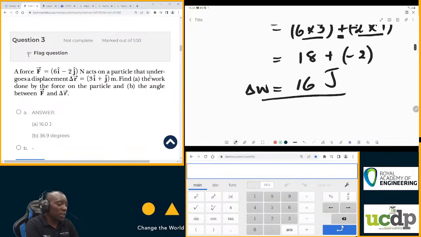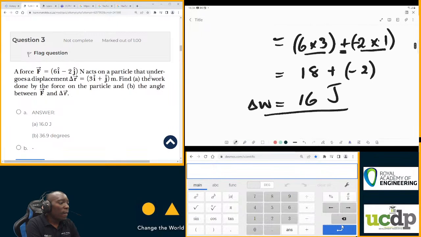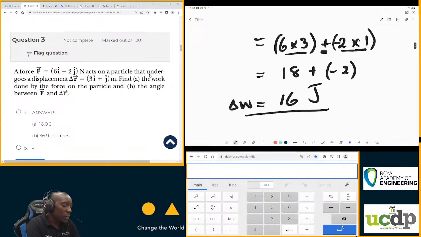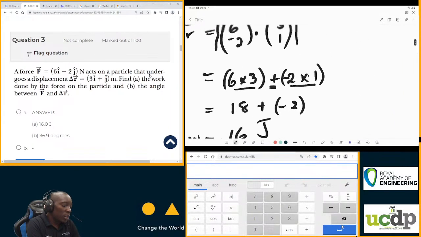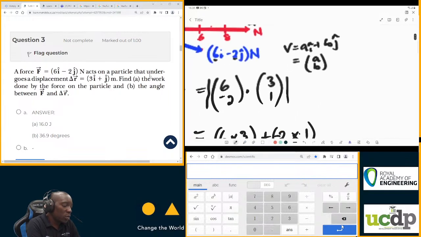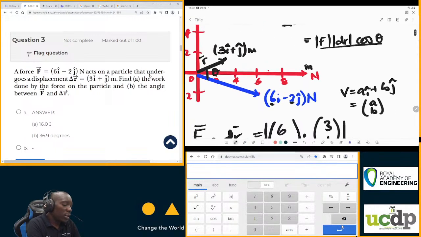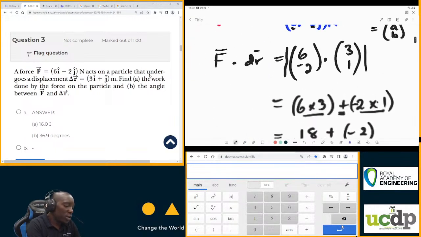So with this, what that means is we can find the angle. Part B says find the angle between F and dr. We can find that angle by resorting back to this formula. This is where the magnitude will be applied, not here.